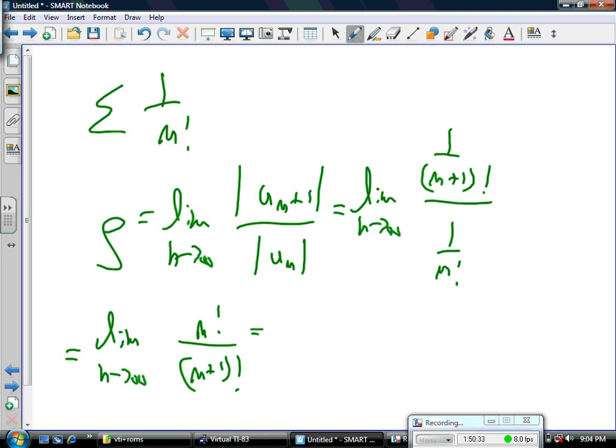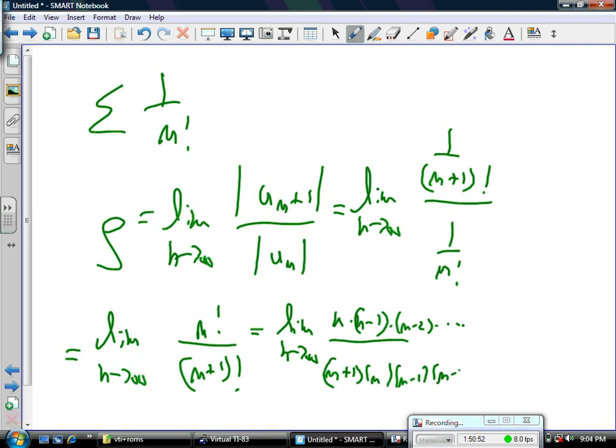In other words, this is the limit as n goes to infinity of n times n minus 1 times n minus 2 times forever, right? But this one is n plus 1 times n times n minus 1 times n minus 2 times forever down to 1, right? Like 3 factorial is 3, 2, 1.